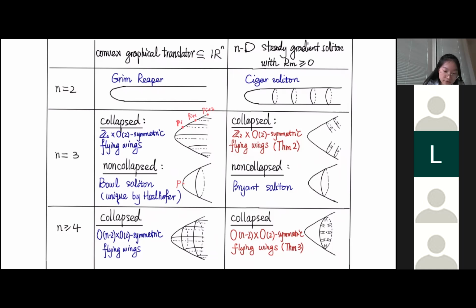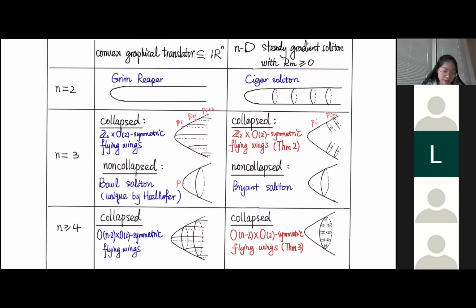So now if you choose a sequence of points going to infinity, again along the edges of the wing, then you see that the manifold converges to R times cigar. Yeah, so it will split off a line and converge to R times cigar. So right, this is the flying wing.